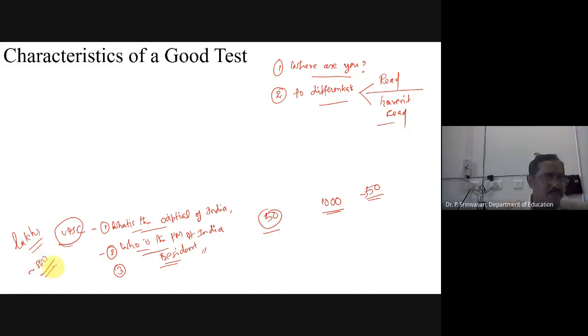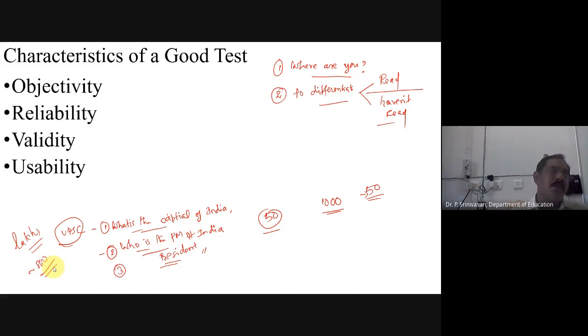See how they do this? Because if the test possesses good characteristics, and what are those? Those are objectivity, reliability, validity, and usability. So a test has to possess objectivity, reliability, validity, and usability if the test has to be good.